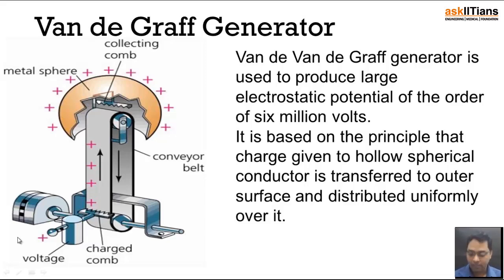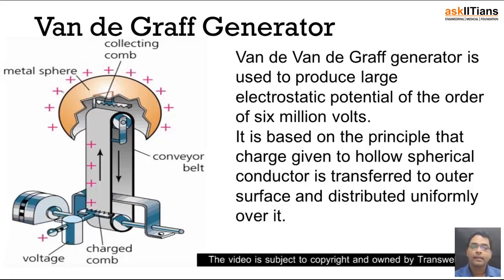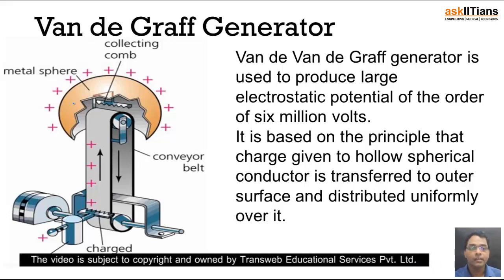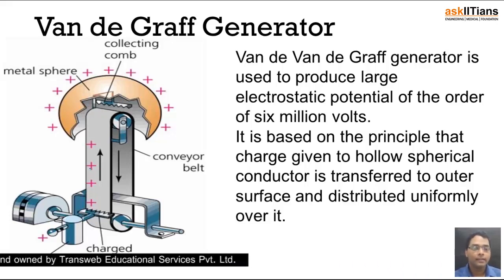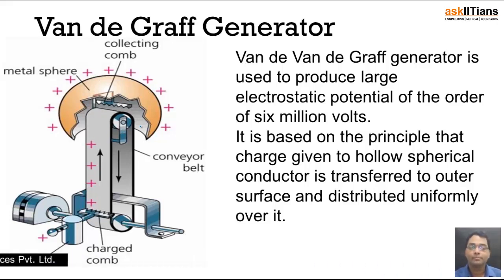So let's try to understand the Van de Graaff generator. Broadly speaking, you have a charged shell, which is a metal sphere, which is completely charged. Within it, you have a rubber plate, which keeps on moving.